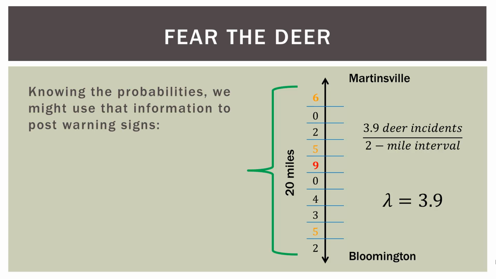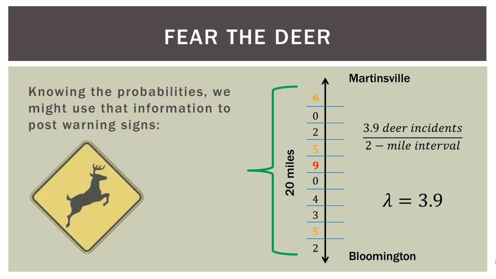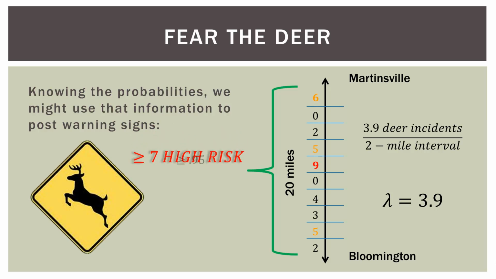So what we can do, knowing these probabilities, is use the information to post warning signs. And I'm sure you've seen warning signs just like this that say, in any given 2-mile stretch, if we have 7 or more deer strikes, we're going to label that 2-mile stretch of road high risk. I'm sure you've seen the signs: deer crossing next 2 miles.